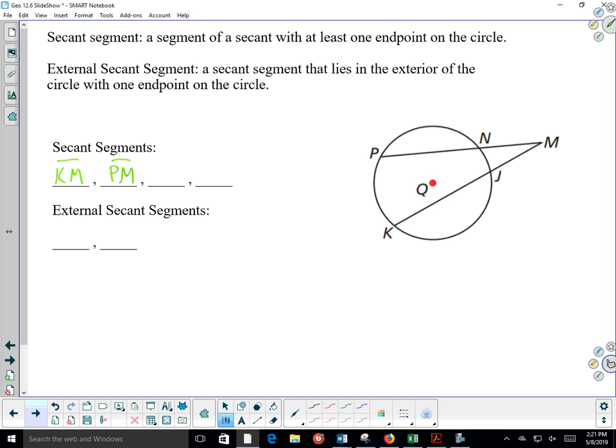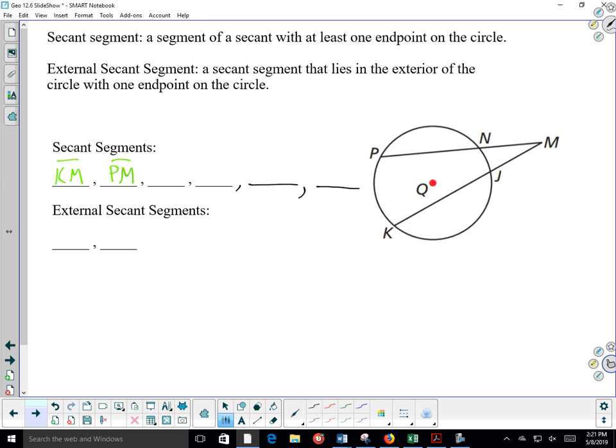I don't know what the other's going to be. Would line KJ and PM work, or those not be secants? I feel like we should have 6. I think we should have 6 blanks here, don't you think?